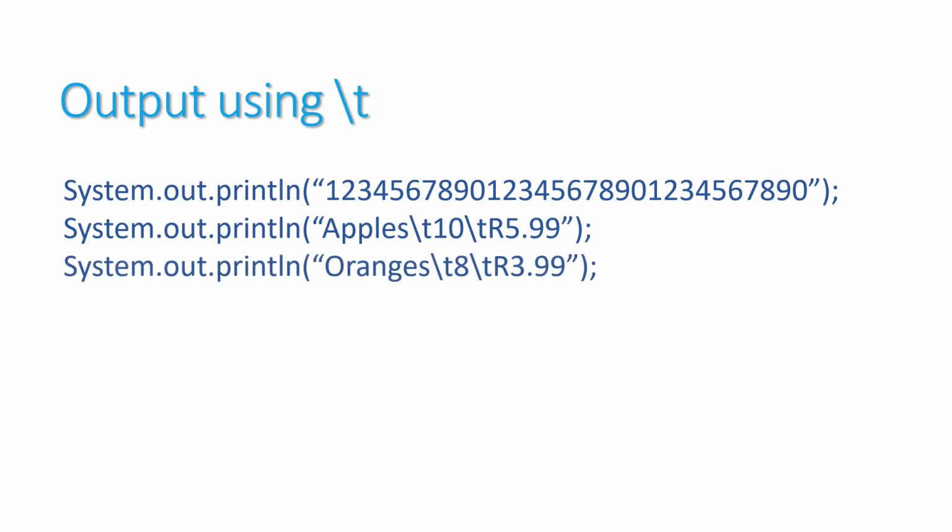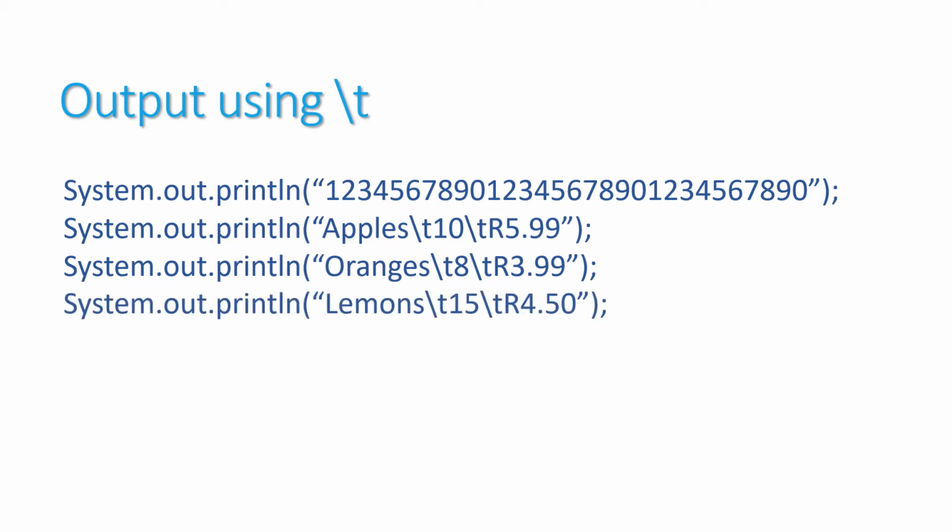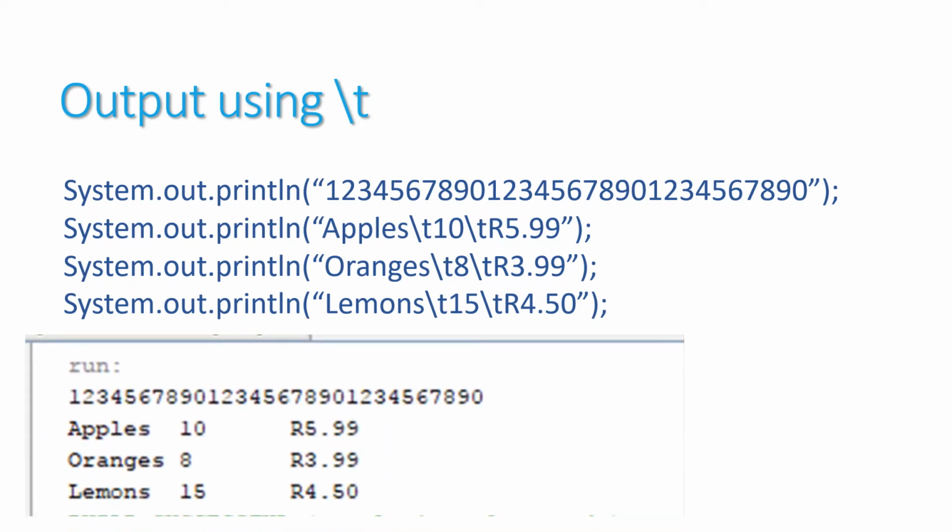Then we print oranges \t 8 \t R3.99, and then lemons. And this is what the output would look like. You can see the 10, the 8, and the 15 are neatly aligned in a column, and the prices are neatly aligned.